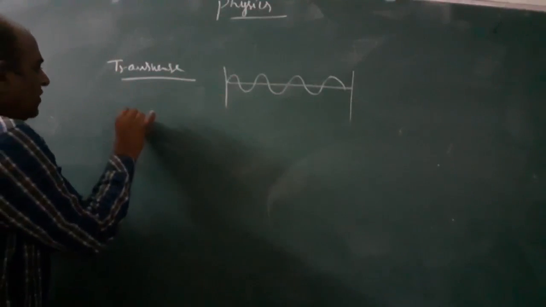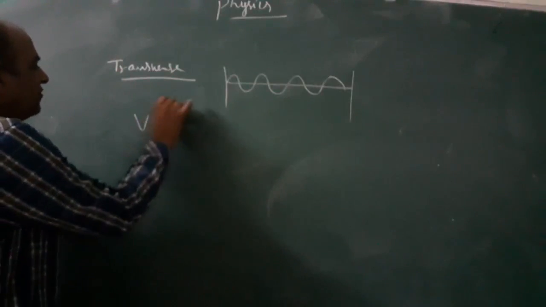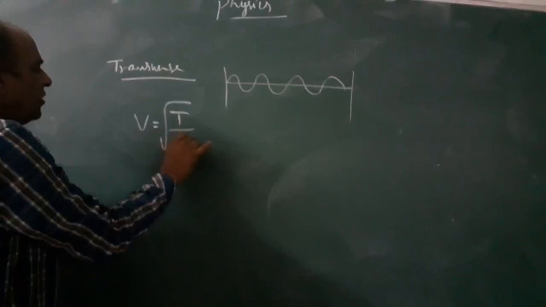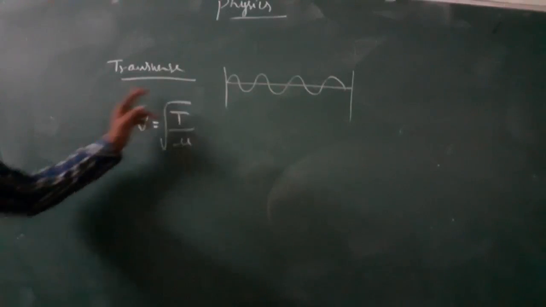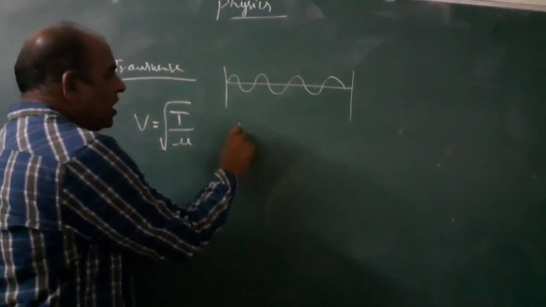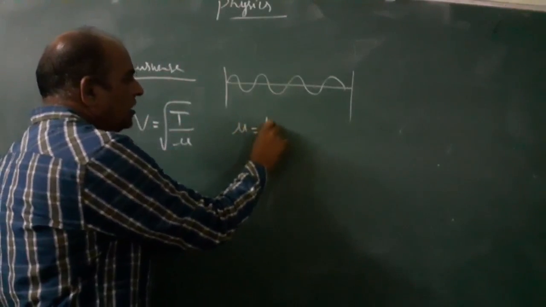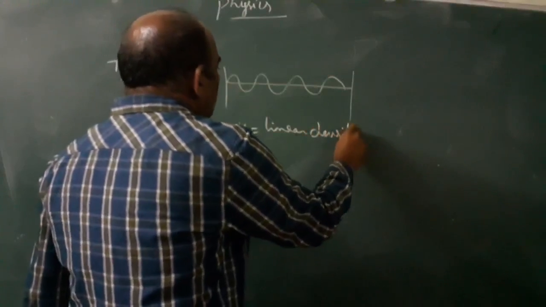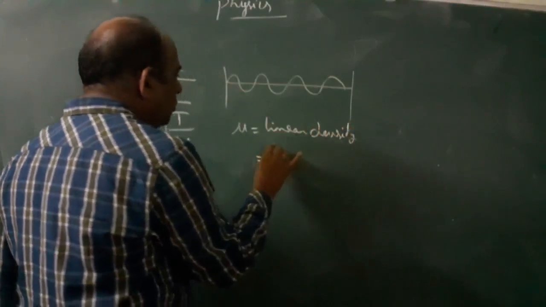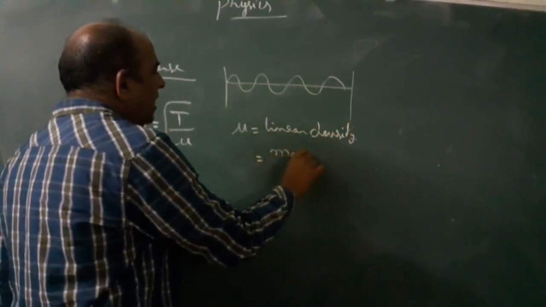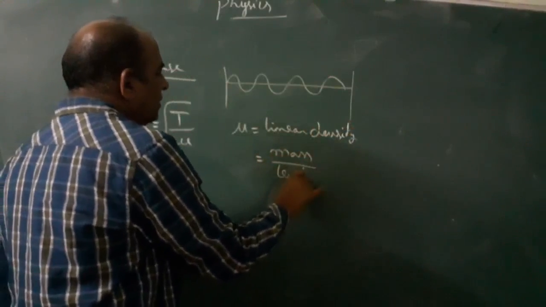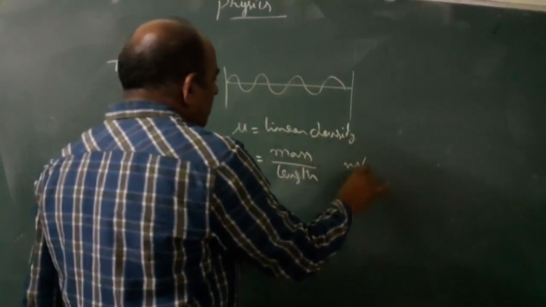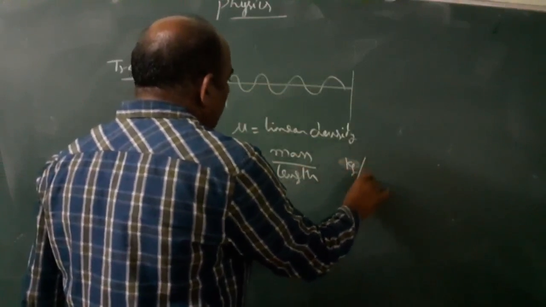What about the velocity of a transverse wave? The velocity of the transverse wave is root of T by mu, where T is the tension in the string and mu is called linear density. Linear density means mu is equal to mass of the wire by length of the wire, units kg per meter.